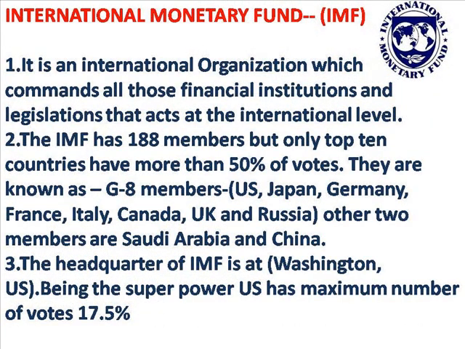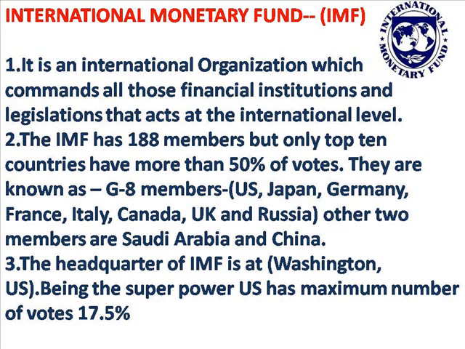Next agency of the UN is the International Monetary Fund. It is an international organization which commands all those financial institutions and legislations that act at the international level. The International Monetary Fund has 188 members, but only the top 10 countries have more than 50% of the votes.